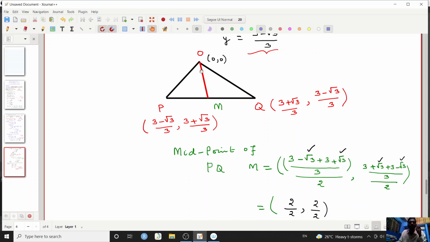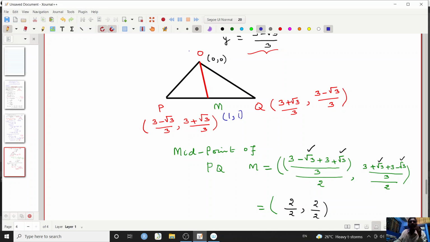To find the equation of OM, we need the coordinates of M, namely the midpoint of PQ. For that, we found out the coordinates of P and Q. Having found them, using the midpoint formula, we found the coordinates of M, which turned out to be 1, 1.